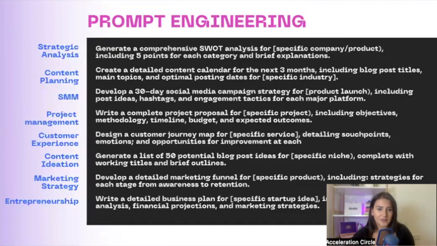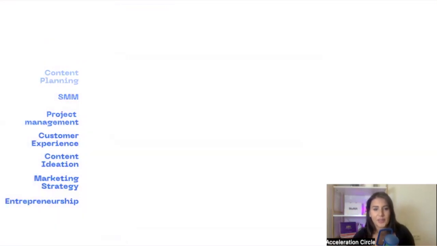So we ask, develop a 30-day social media campaign strategy for something, including post ideas, hashtags, engagements, etc. You can add which social media you would like to use. In this case, let's say Instagram.